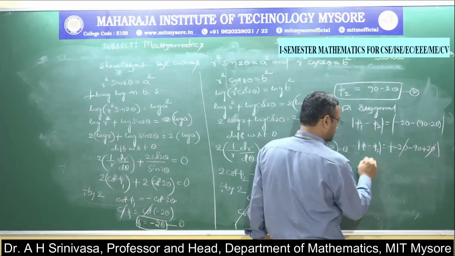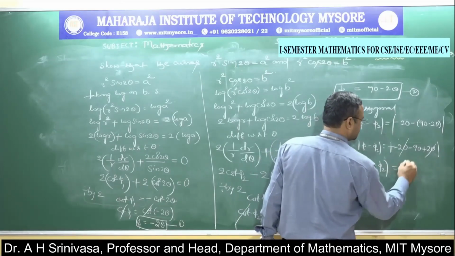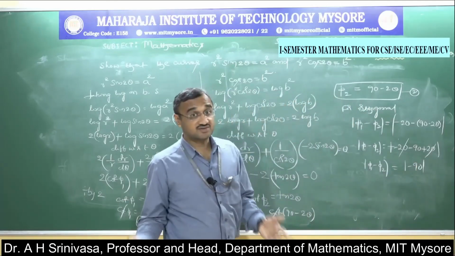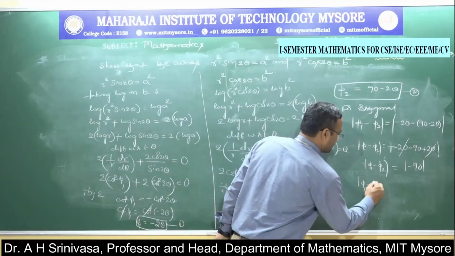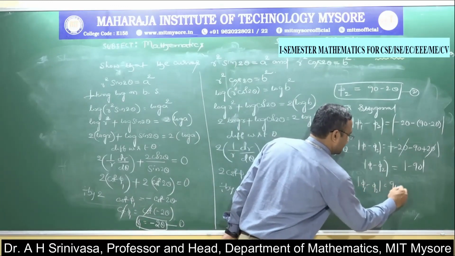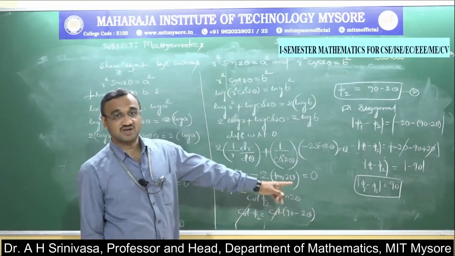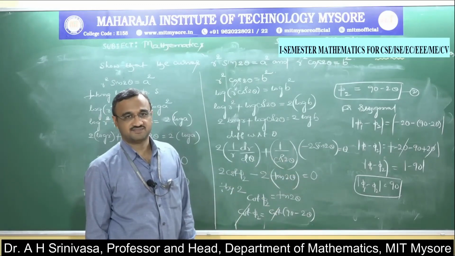Now cancellation of these two. Now you get minus 90. We are considering only the absolute value. Then easily you can write phi 1 minus phi 2 is also 90. So this is another way to show the curves intersect orthogonally.